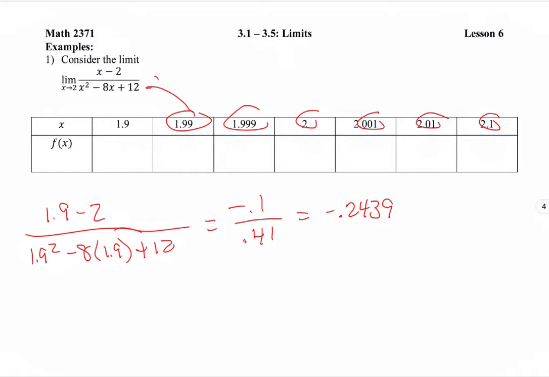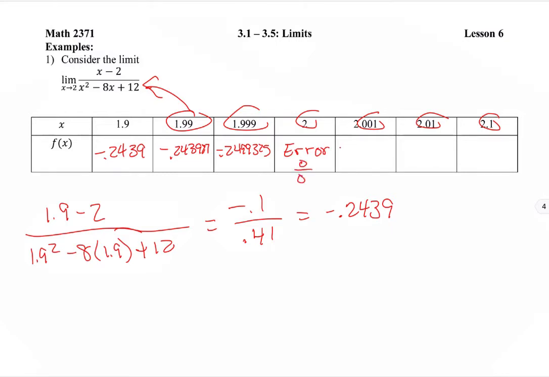And so what you do is you put each of these numbers up here where x is. All right, that's all I did. And so when I do that, I get each of these answers. For the second one, I get negative 0.24977, then negative 0.24999375. Here I get an error because I get 0 over 0.